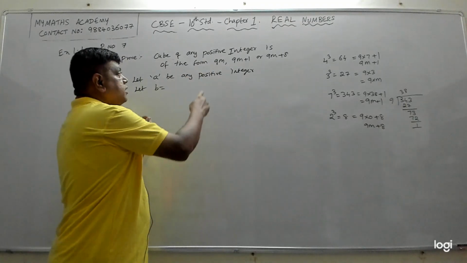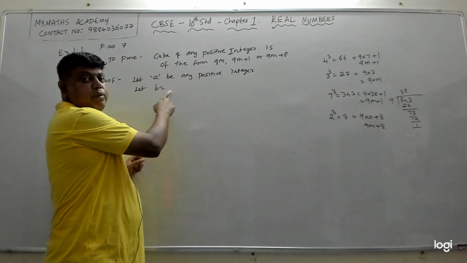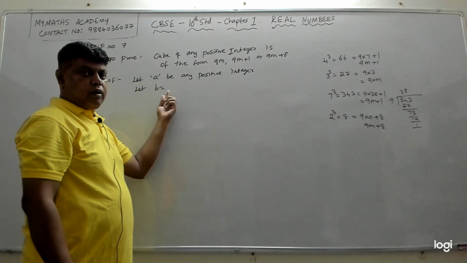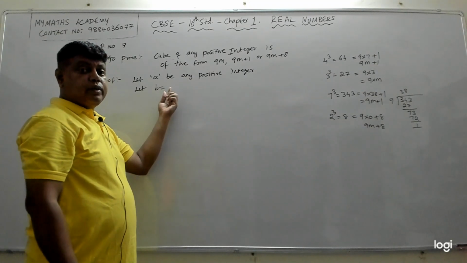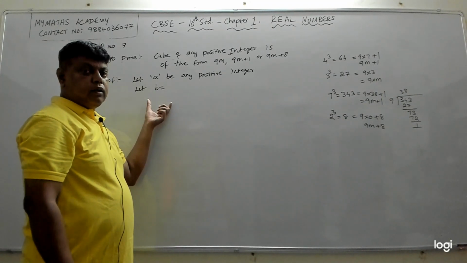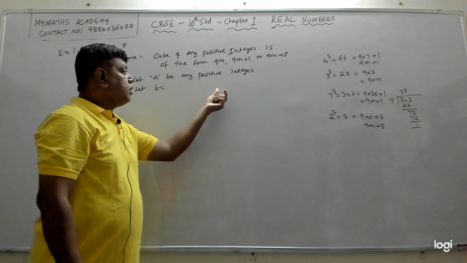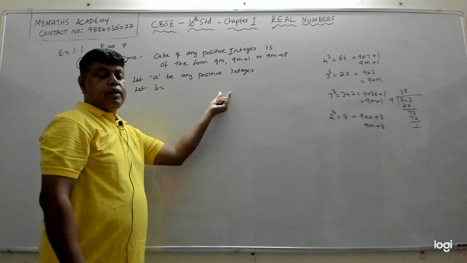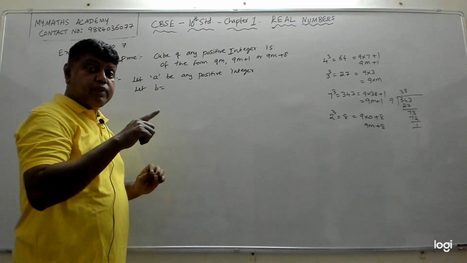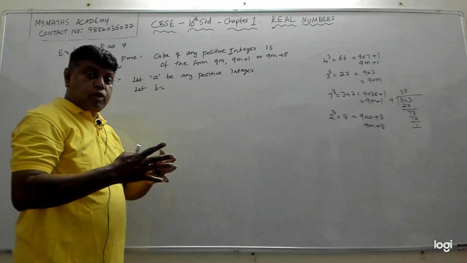Suppose we take b as 9, then we will have to deal with 9 cases, because when we apply Euclid's division lemma, r will take the values 0, 1, 2, 3, 4, 5, 6, 7, 8. So you will have to deal with 9 cases, which will make your problem very lengthy.